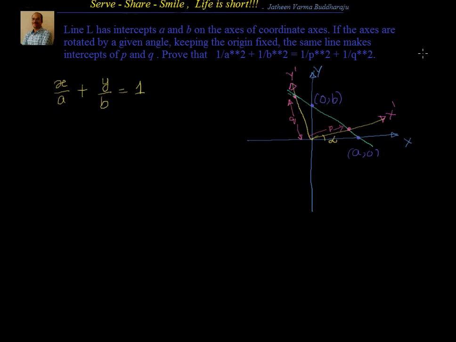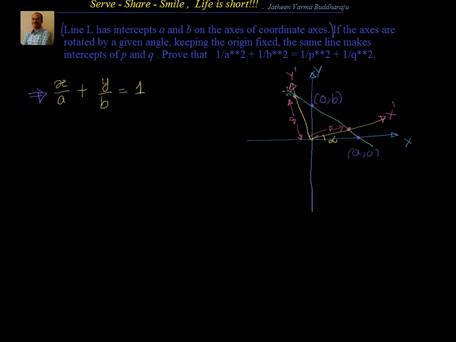What is the approach we are taking to solve this problem? We will leverage the first condition given. Line L has intercepts a and b on the coordinate axes. That means the equation of the line is nothing but x by a plus y by b equal to 1. Now when these coordinate axes are rotated by an angle, this line is getting 2 more points.